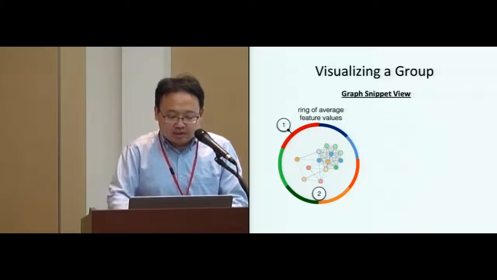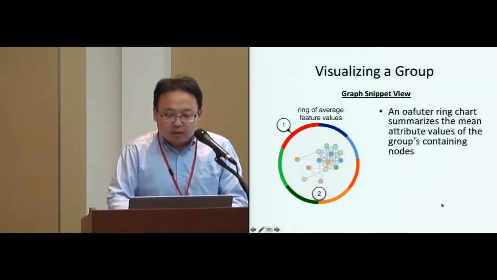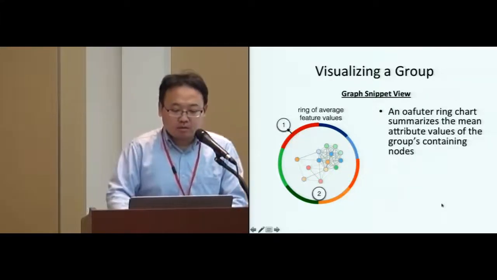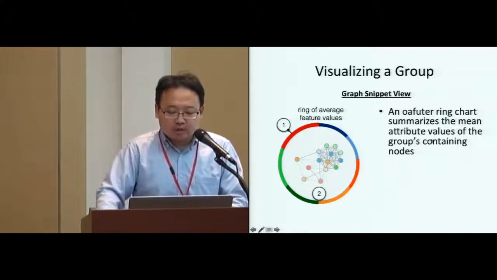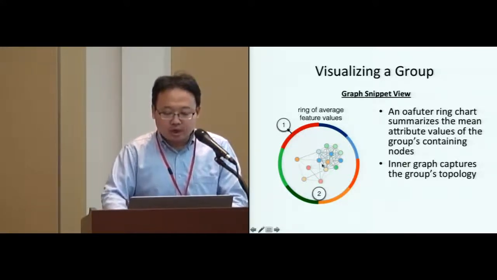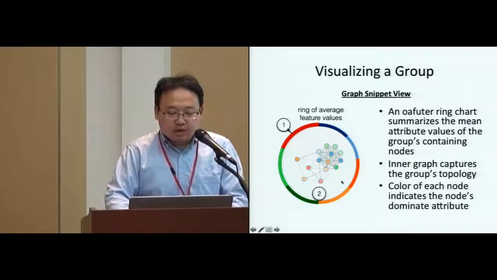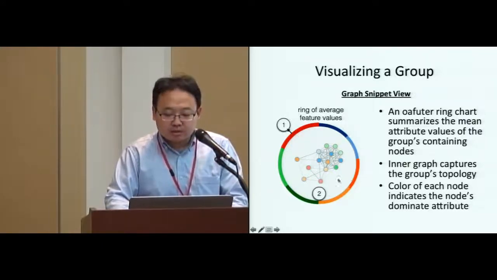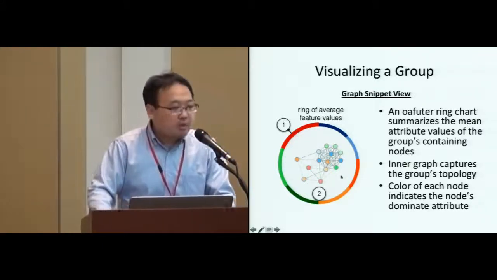So this design consists of 2 parts. An outer ring chart summarizes the mean attribute value of the group's containing nodes. And the inner graph indicates the group's topology. And finally, the color of each node indicates the node's dominant attributes.